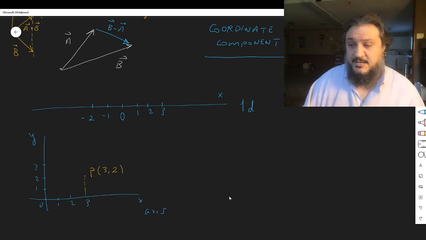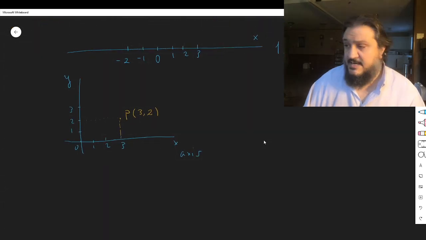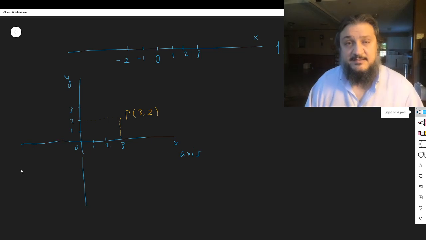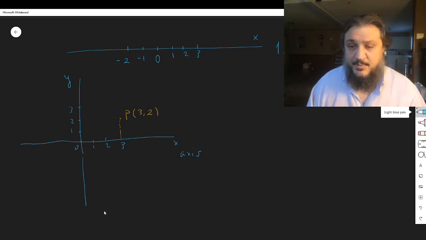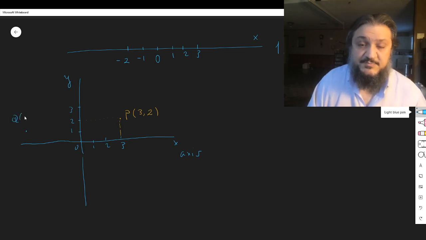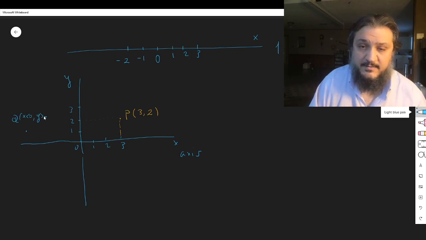Actually, I could be on the negative side as well. So let's extend these lines again. These for negative y's, and this line here for negative x's. So a point over here, okay, call this point Q. This would have a negative x, a negative number, but a positive y.